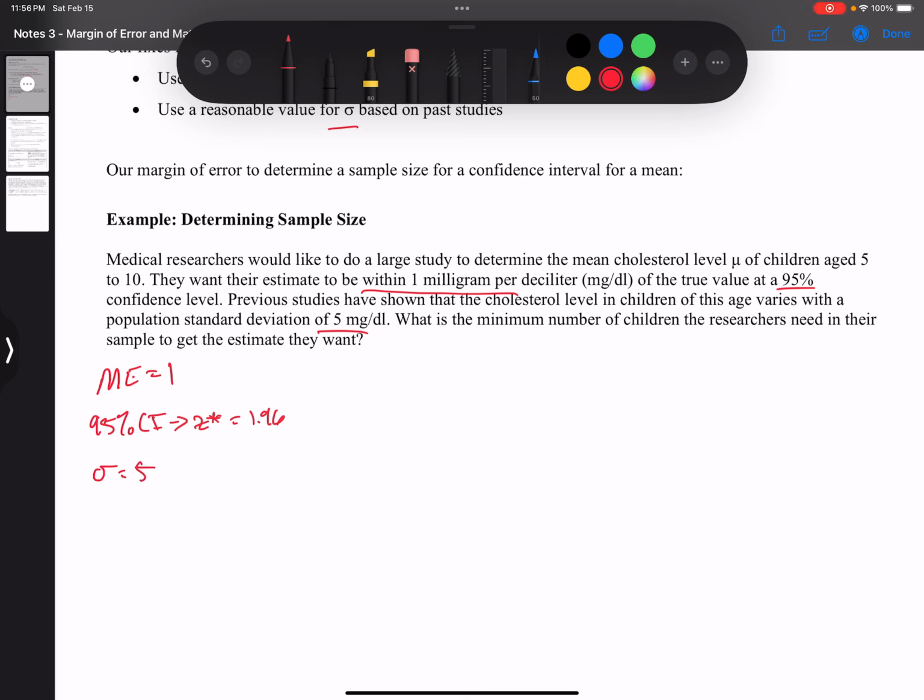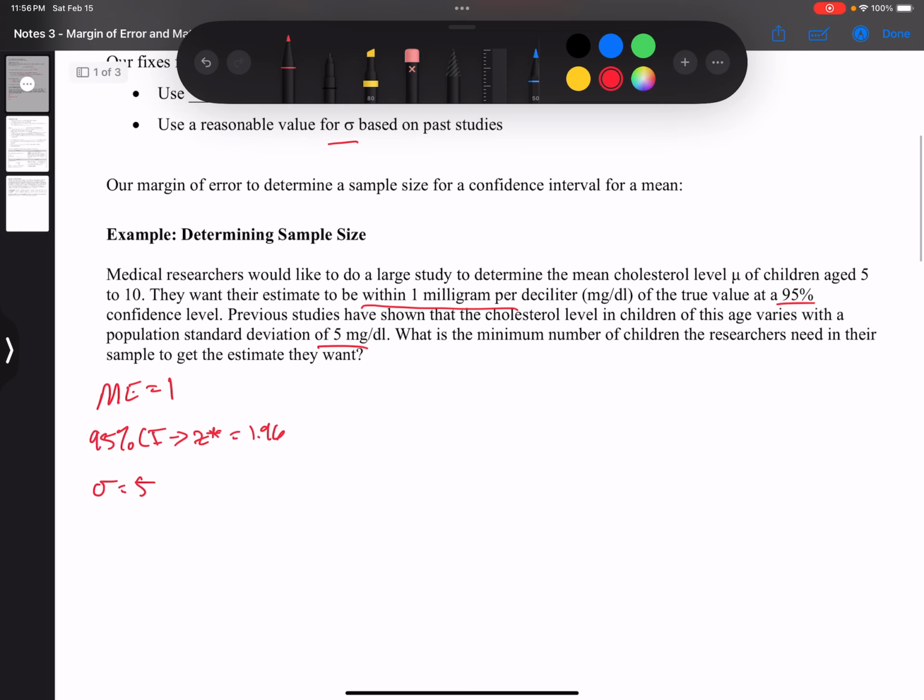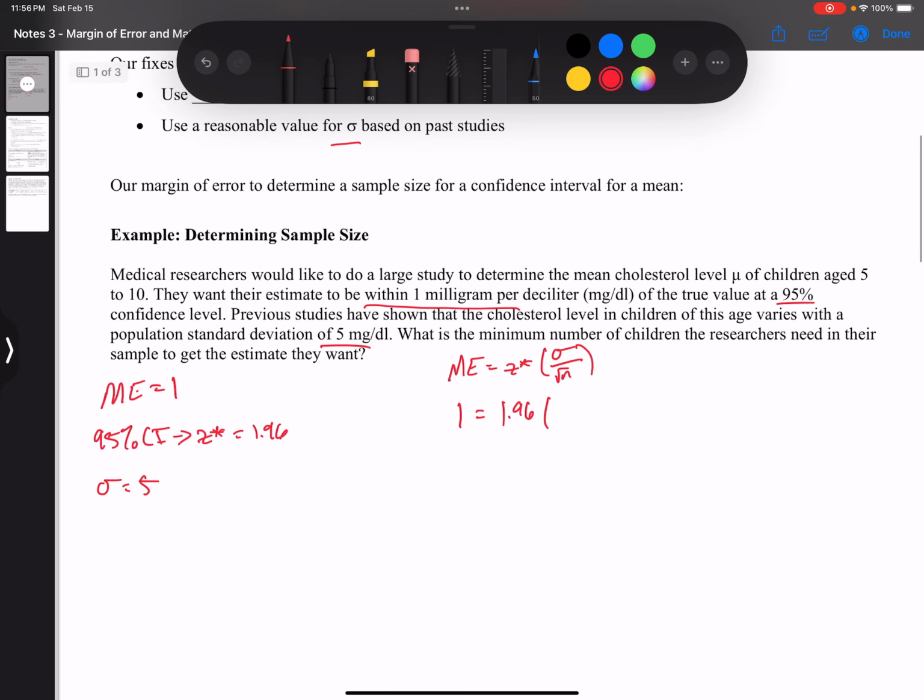All right, so we know the formula, same as it was last time, is z star times standard deviation divided by the square root of n. For this one, we want it to be 1. Z star we know is 1.96. We have a standard deviation of 5, and we are looking for what n is going to be.